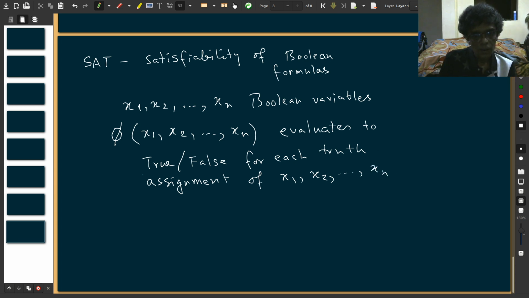Okay. So we know that we can write any Boolean formula using these three primitives.